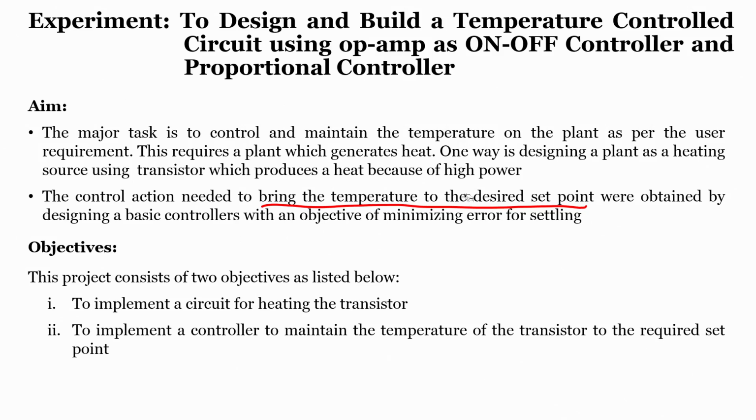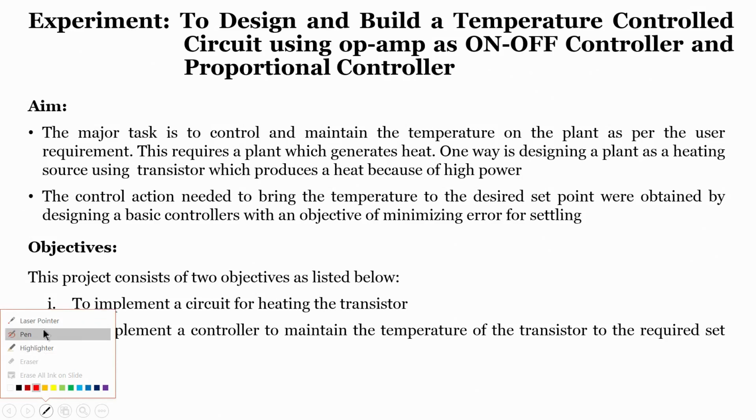In order to control it, we should know the specifications of our plant and how the plant will work. We should also understand how we designed our plant, what input the plant requires in order to heat the system, whether it is a current or a voltage, and how much input voltage or current, meaning power, we require to heat the system.